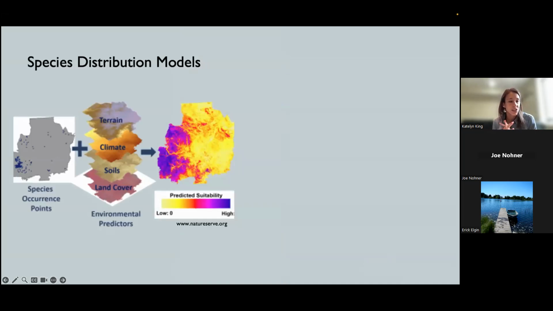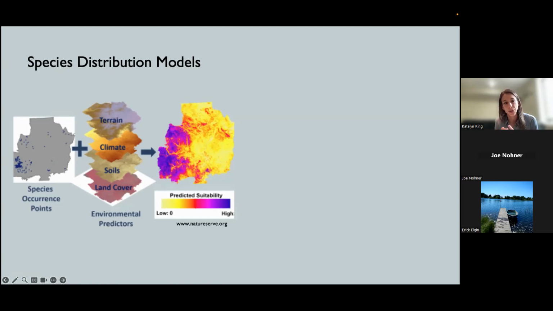And so researchers often use a modeling approach called species distribution models to think about how species distributions and abundance might change with changing climate. And so this is a graphic to show kind of how that modeling works. The model takes species where they occur, where they're seen as points, and overlays those observed points with any amount of variables that you might have for your study region.